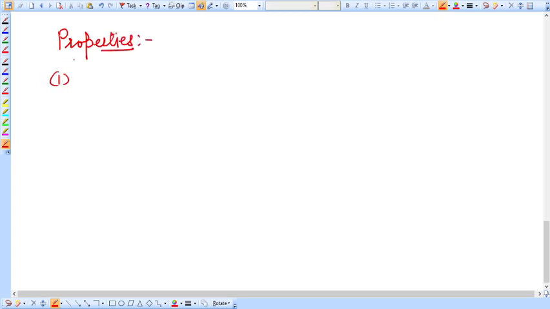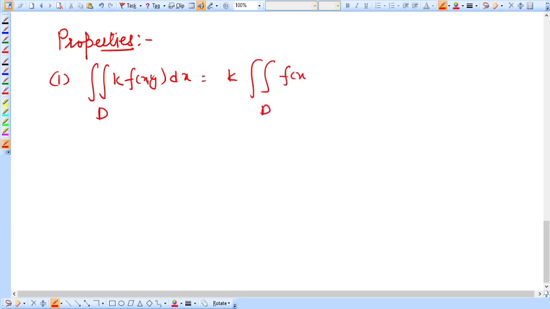First property: if your function is multiplied by a constant k, then we can take that constant k outside of the integration. Okay, this is not dx, this is your dA.